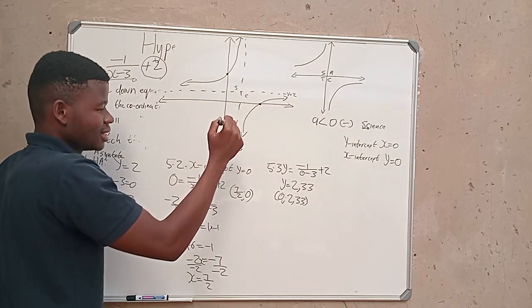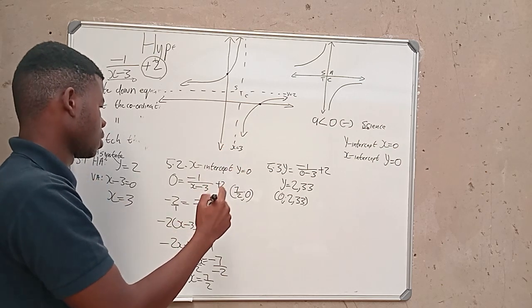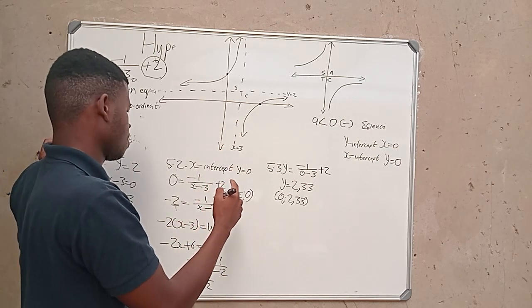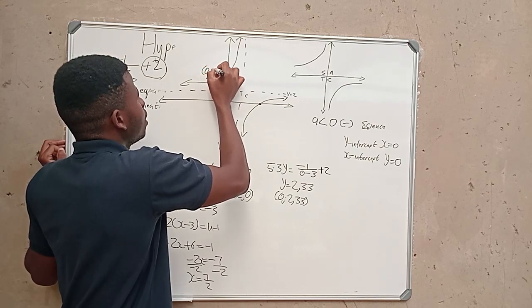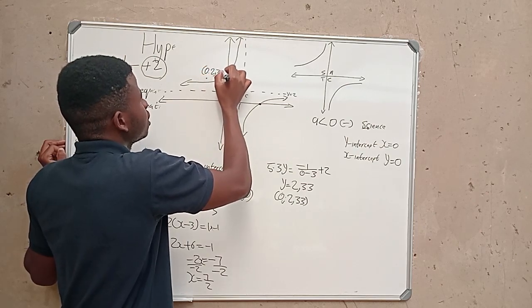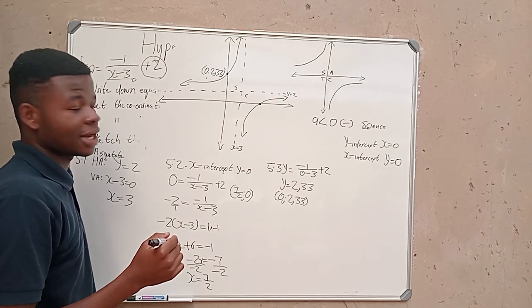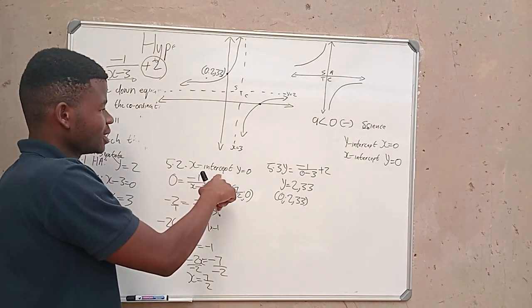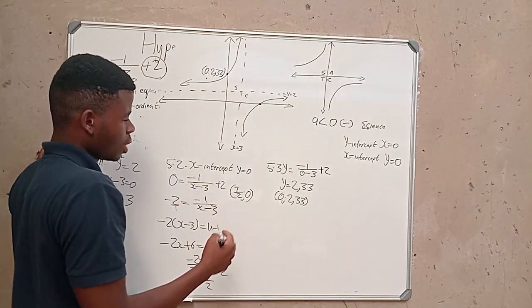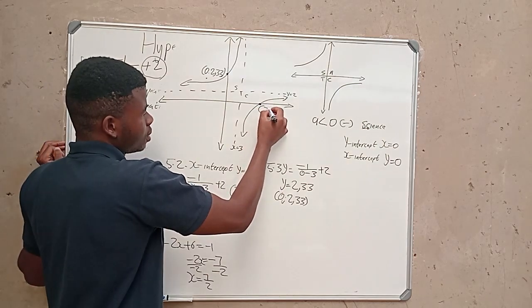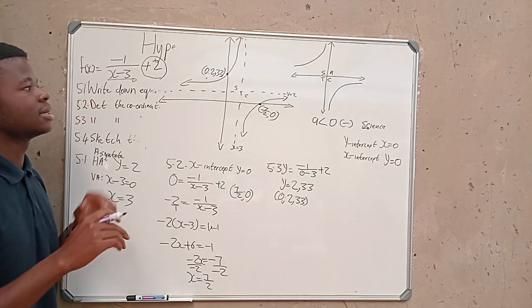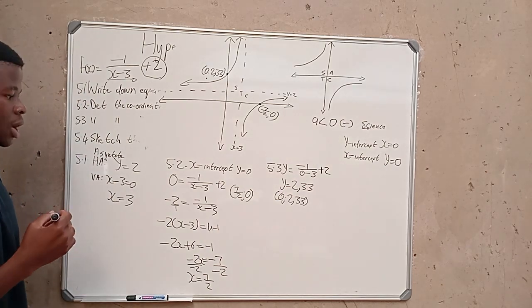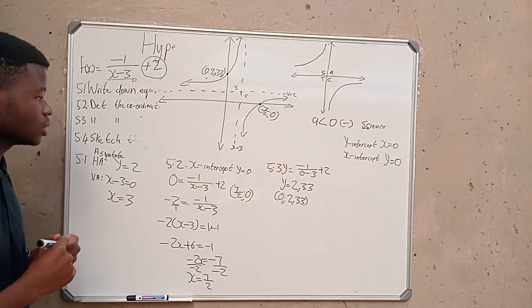This is the y-intercept. It's going to be 0 and 2 comma 3 3. Understand? And then for the x-intercept, we are going to put 7 over 2 and 0. Okay guys, so that's how the cookie crumbles.